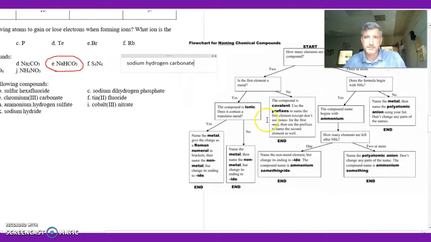So yes, the compound is ionic. Okay, we got that established. We never said that for the other one, but the sodium hydrogen carbonate was ionic as well. Does it contain a transition metal?